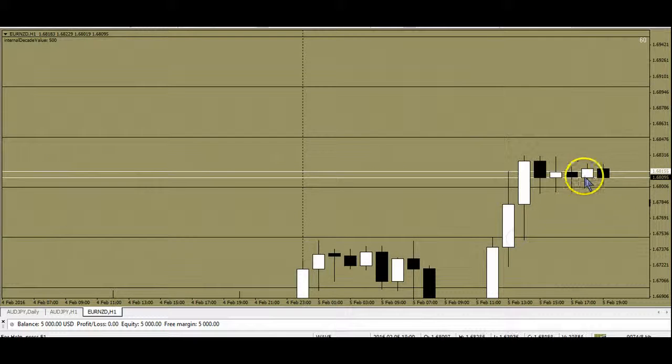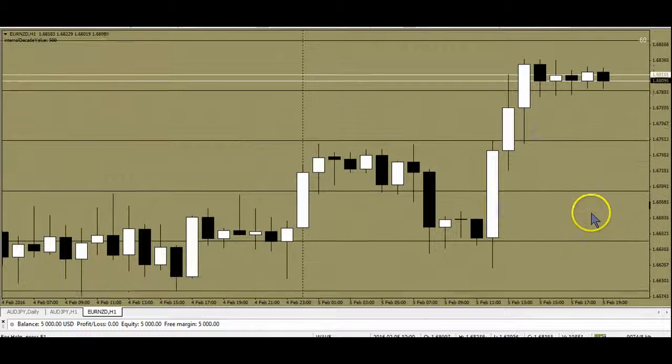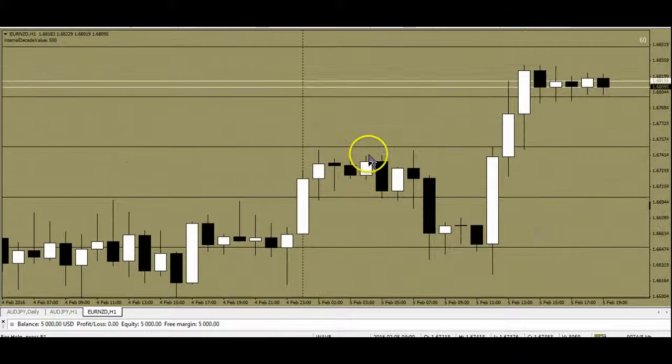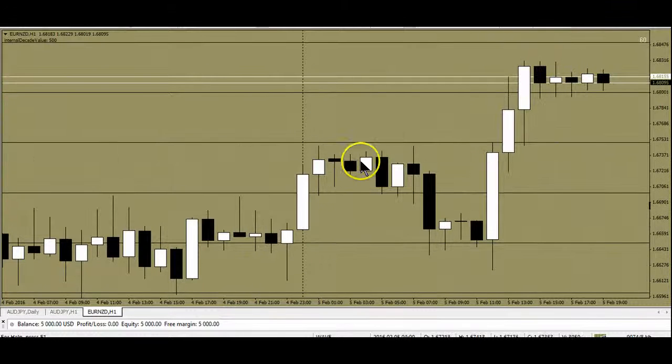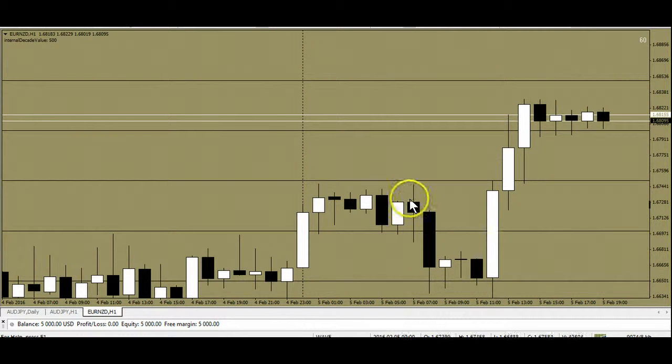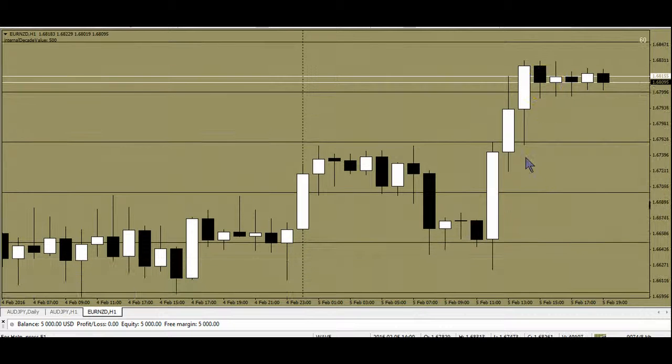Because who doesn't want to make 150 pips on a high probability? Comes back to this, or maybe plunges into here, shoots back out. That's tremendous. That's 100 pips up and down here. 100 pips down, almost like 150 pips up.